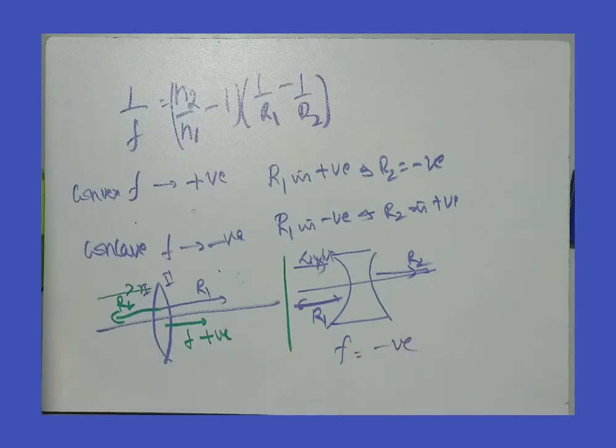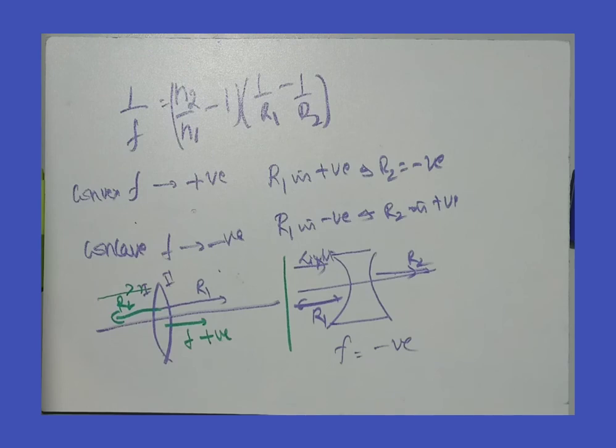And also, a convex or converging lens need not act as a converging lens in all situations. Whenever we immerse the convex lens in a medium whose refractive index is more than the lens medium's refractive index, then that convex lens behaves as a diverging lens. In the same manner, a concave lens, when immersed in a medium of higher refractive index, behaves like a converging lens.